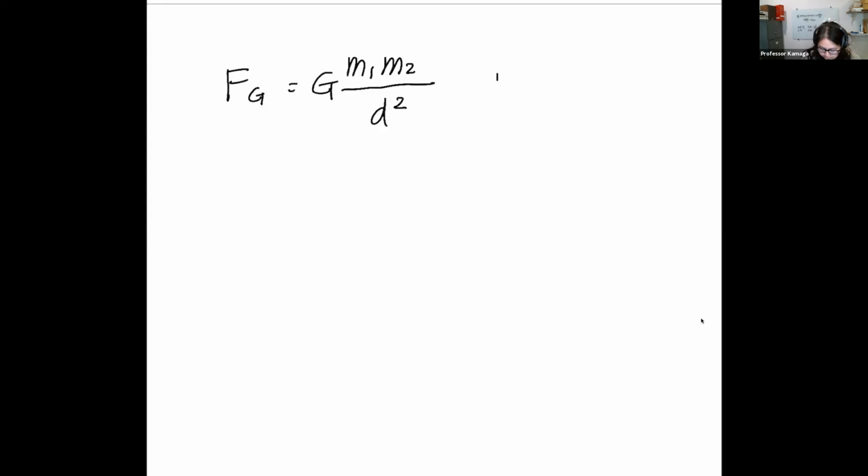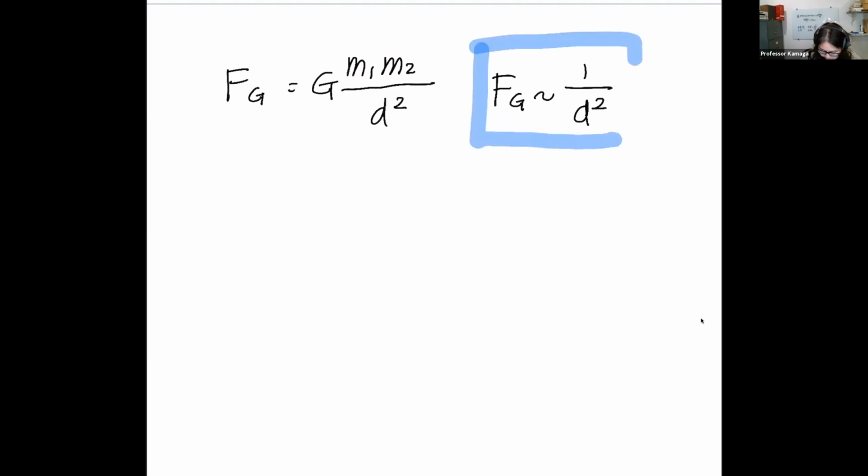So from here, you can see the gravitational force is inversely related to the square of the distance. And this is called the inverse square law.